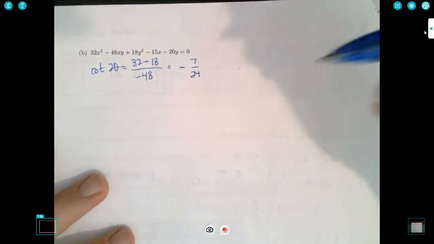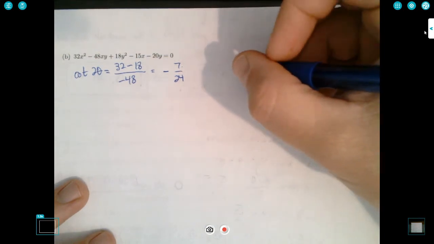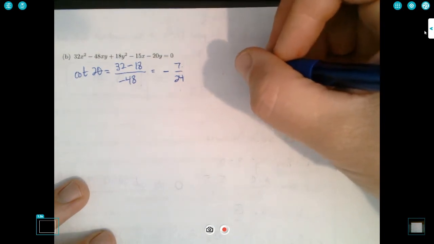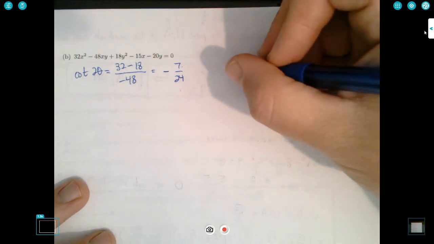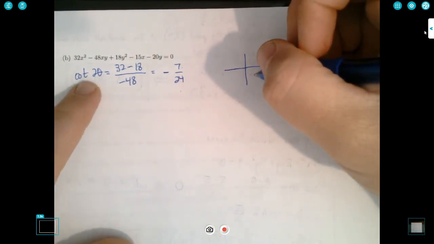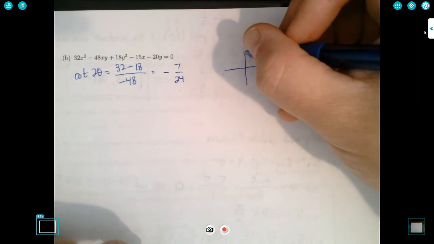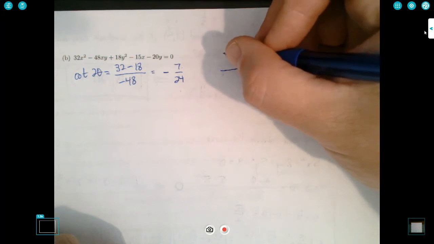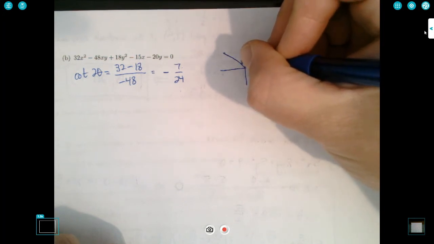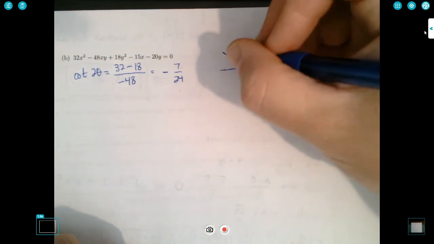But what we could do is this. We can use some trig. So cotangent is adjacent over opposite. That's x over y. So you know x is negative 7 and y is positive 24. Right? So there's 2 theta right there.